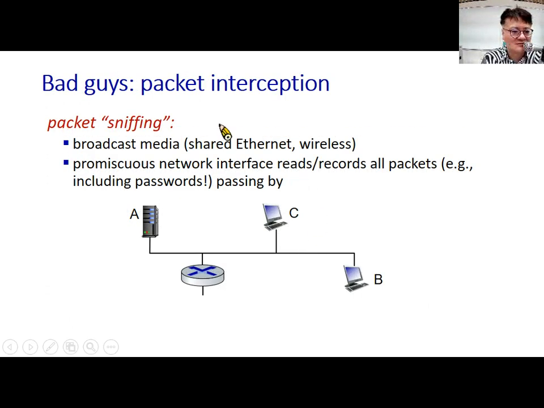The bad guy can do packet interception, packet sniffing. When we have broadcast media, like shared Ethernet or wireless, a promiscuous network interface reads and records all packets, for example including a password passing by here. B wants to send to A. B is the source, A is the destination.